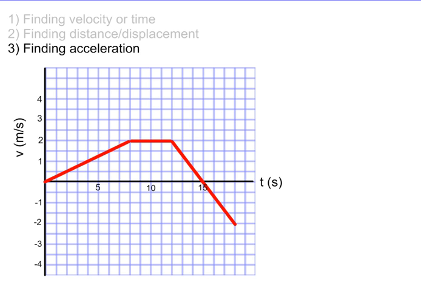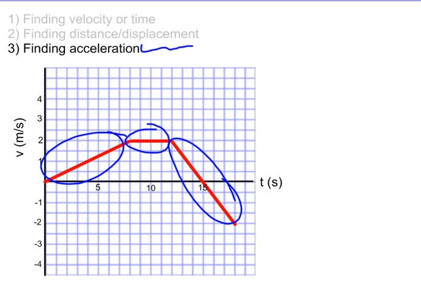Let's move along and see how we can use a velocity time graph to calculate the acceleration. In this case, we have 3 segments, the first, the second, and the third segment, in terms of changing velocities. By definition, acceleration is the rate of change of velocity.